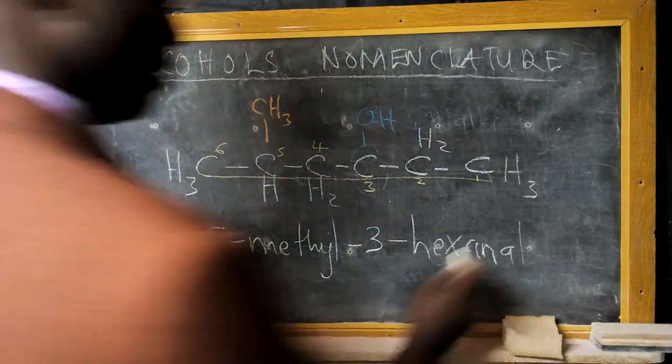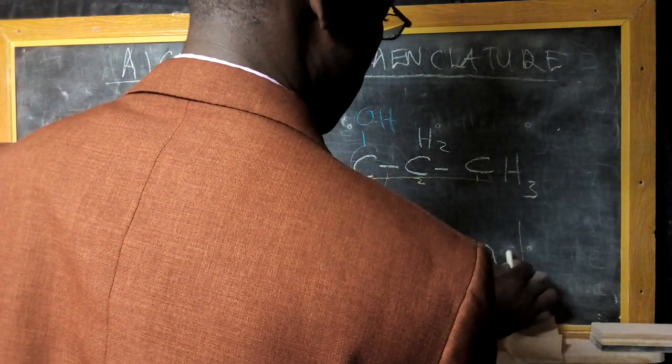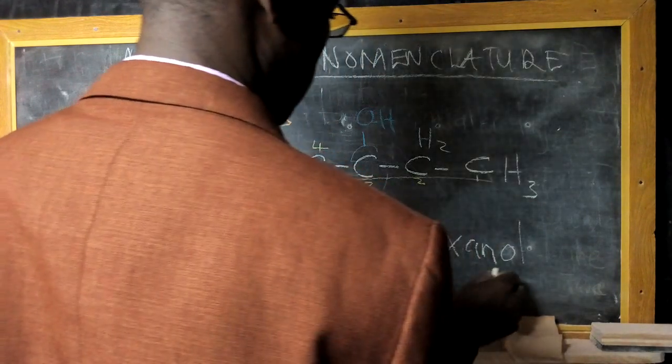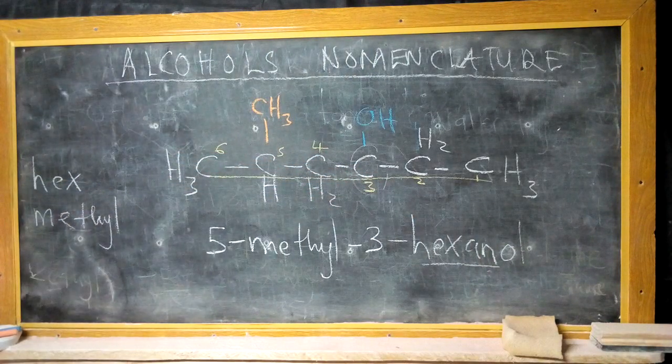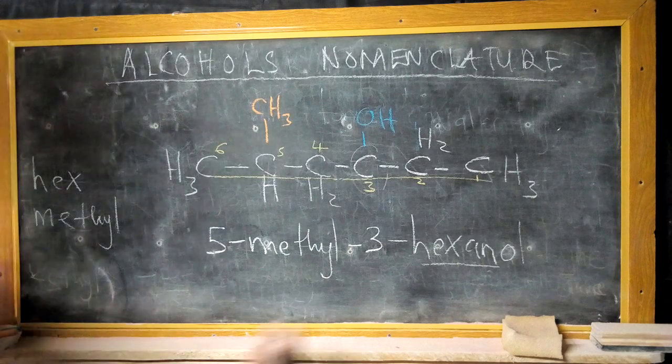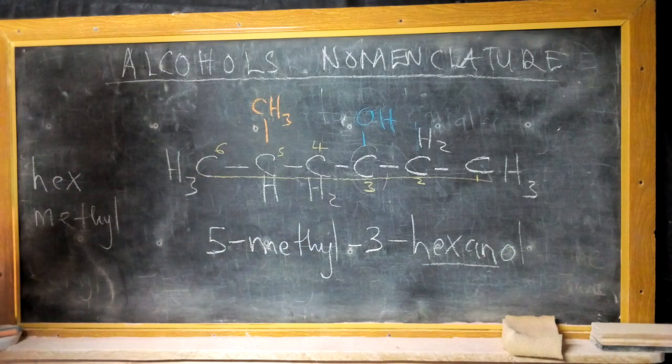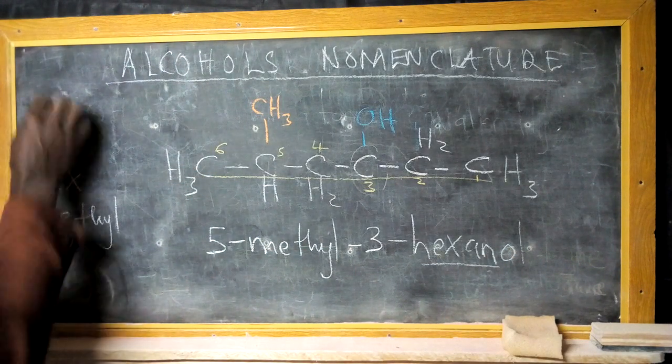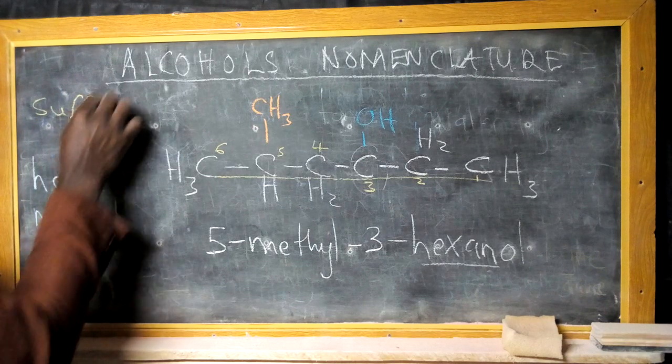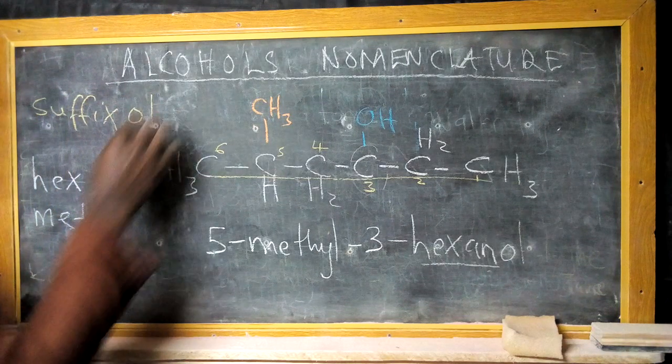This one is hexanol. That represents the alkane member group that we talked about, where we derive the names of the parent. The parent name comes from the alkane series of organic compounds, and then the suffix of this particular compound will be -ol. So the suffix is -ol.